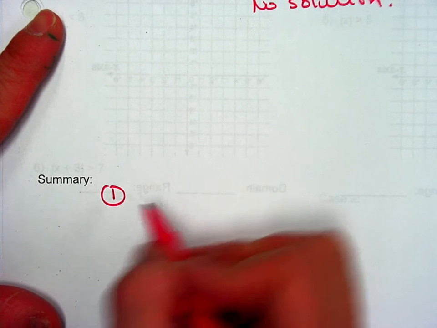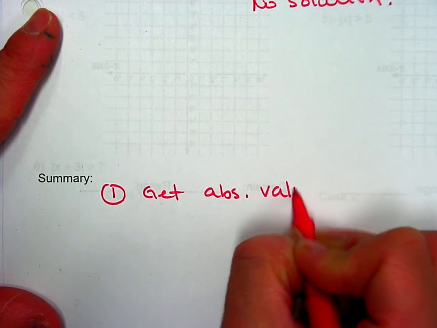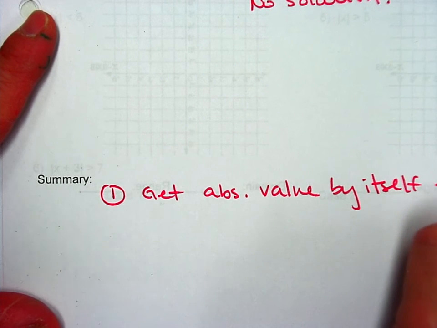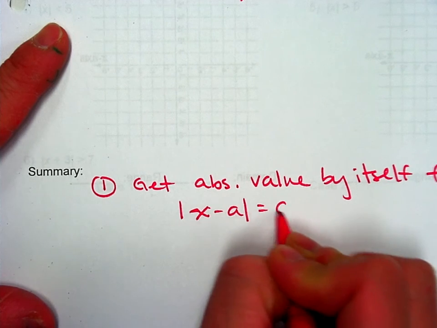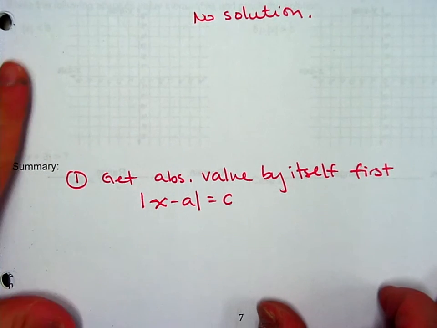Okay, so when you see an absolute value equation, these are the steps. You must get the absolute value by itself first. You want to get it into this form. Now, here's a special scenario.